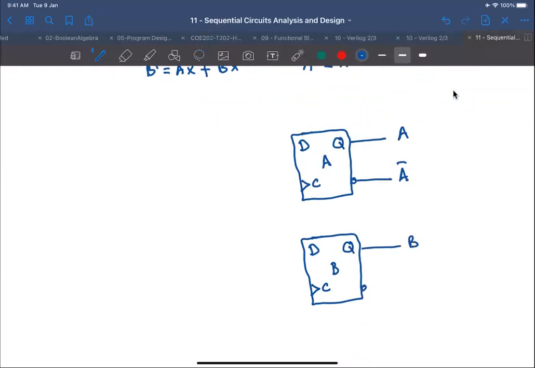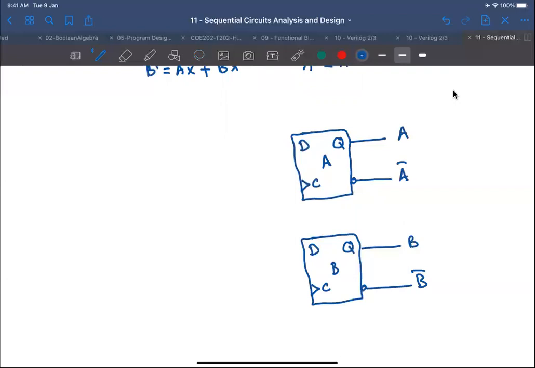I'm labeling the nets because I want to use them instead of connecting them in a feedback fashion. I'm going to use the same net name without connecting them physically. If you use the same net name, it means that they are the same wire or the same net.